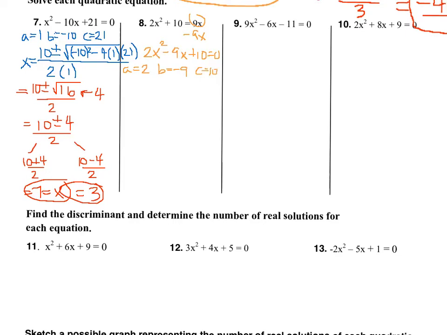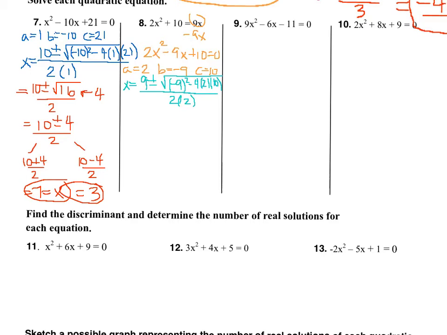After I identify what those are, I have to plug it into my quadratic formula. So x equals opposite of B, so opposite of negative 9 is positive 9, plus or minus the square root of B squared minus 4AC, all over 2A.